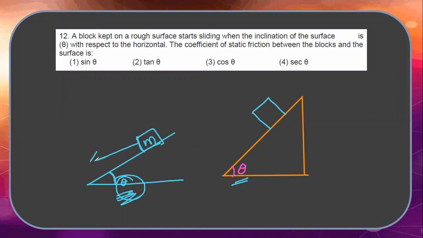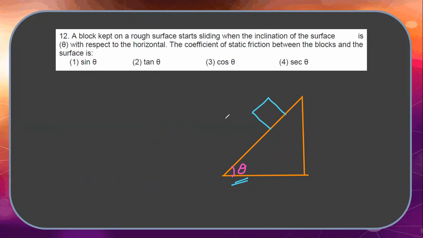At which angle it starts sliding, that angle we have to take as the angle of repose. This angle of repose will be equal to the angle of friction. Angle of repose or angle of friction, both will be the same.